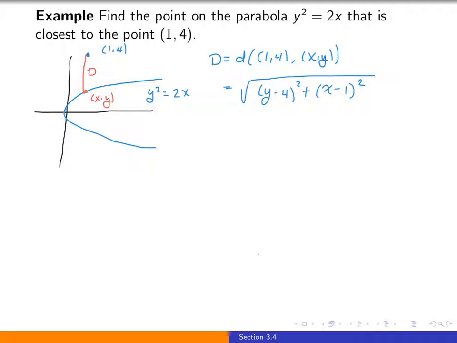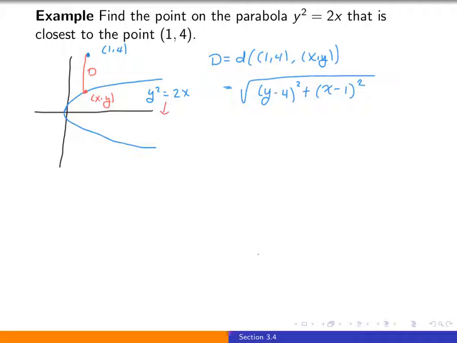And going back to our guidelines, we've drawn a picture, introduced some variables, x and y in this case, and we've written down the quantity that we would like to minimize. What we need to do is use the information given to somehow express this in terms of just a single variable. That is x in terms of y or y in terms of x. But the equation of the parabola does that so nicely for us. y squared equals 2x.